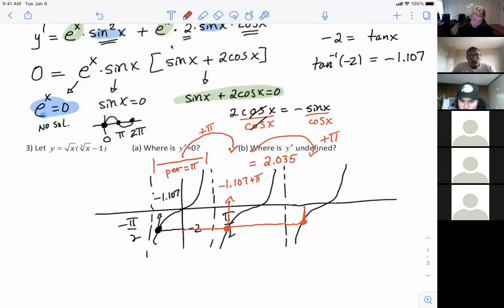So this answer right here would actually be negative 1.107 plus pi plus another pi, so that would be plus 2 pi. So if I add on another pi to that, then that equals 5.176.